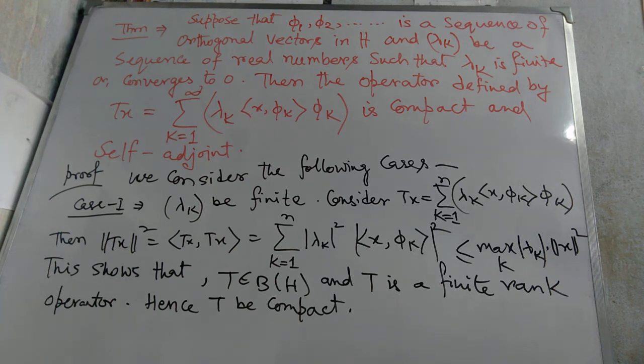Norm of Tx squared equal to inner product of Tx with Tx equal to summation k equal to 1 to n of lambda k squared times inner product of x with phi k times its conjugate, which is mod of inner product of x with phi k squared, less than or equal to maximum of lambda k squared times norm x squared. This shows that T belongs to BH and T is a finite rank operator, hence T is compact.